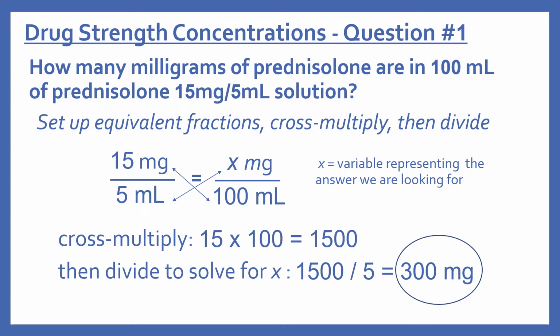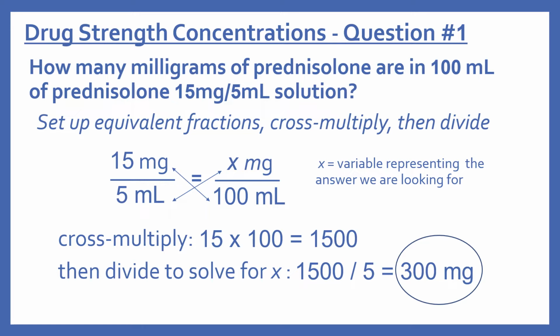We know the concentration of our prednisolone solution is 15 milligrams per 5 milliliters, so that'll be our first fraction: 15 milligrams per 5 mLs equals X milligrams, which is what we're looking for, per 100 milliliters. X here is the variable representing the answer we're looking for.